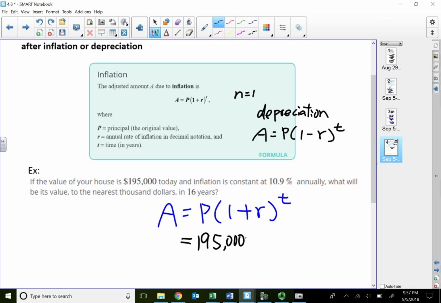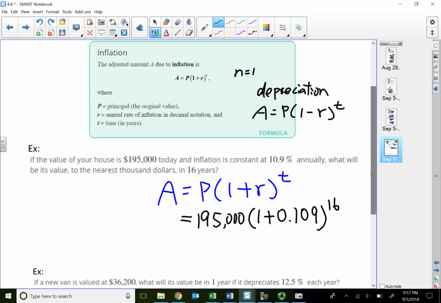So that will be $195,000 today times 1 plus 10.9%, which is 0.109. 0.1 is 10% already, 0.009 more, raised to the 16th power because it's 16 years.